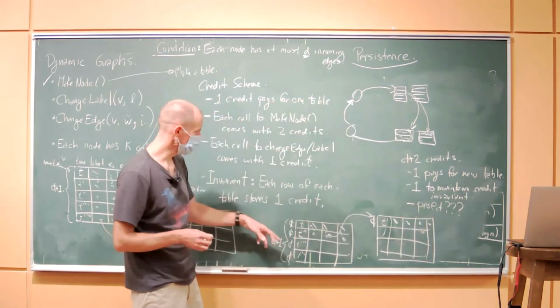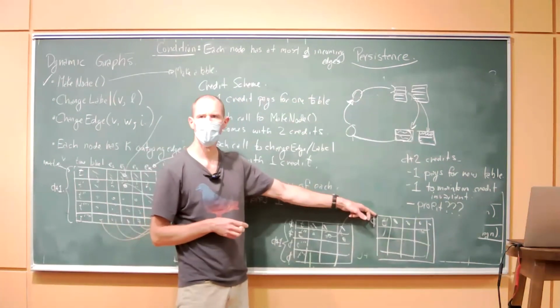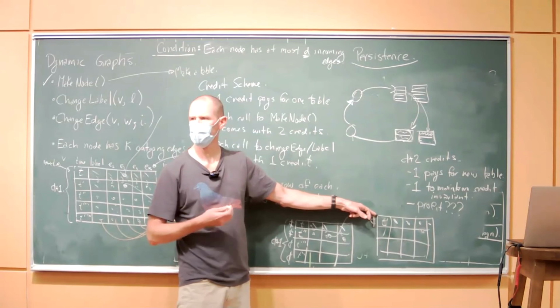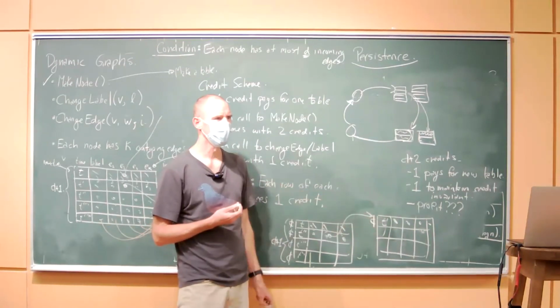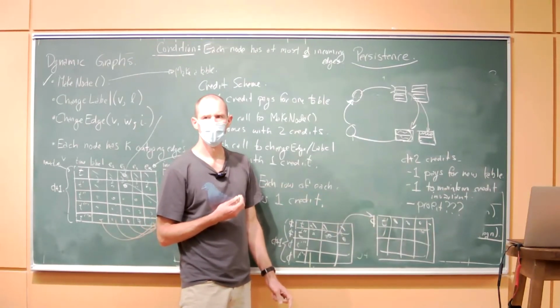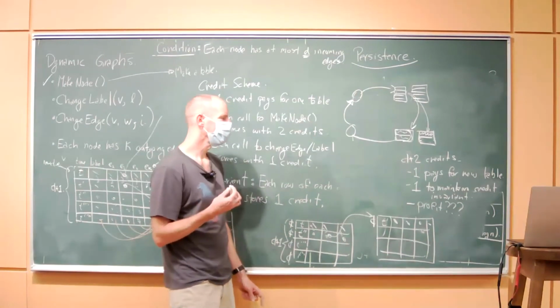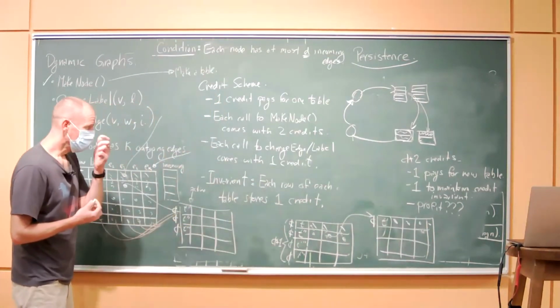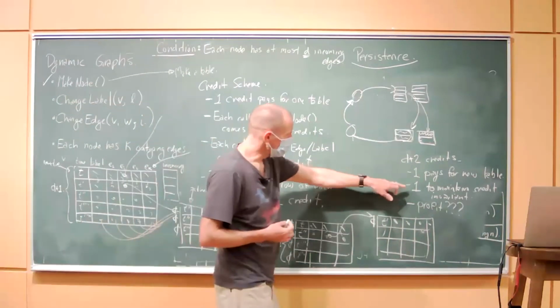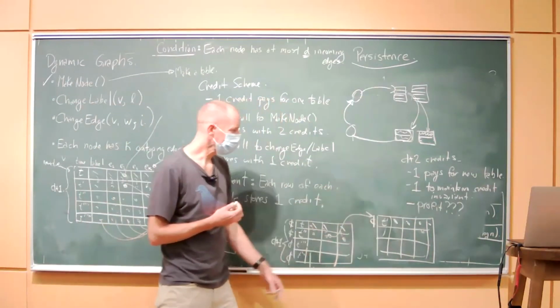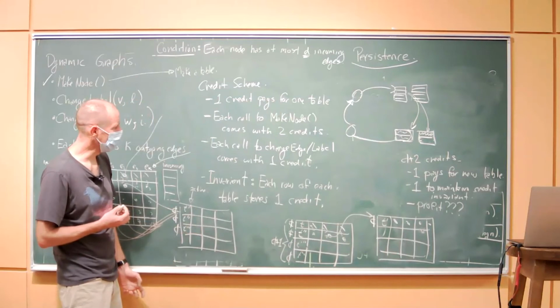Wait, that's only 2 credits. We paid for the table, we maintain the credit invariant. Do we win? Do we just make D dollars? Yeah. We still have D, we only spent 2 credits. We still have D left from all the ones that we had in our hand.